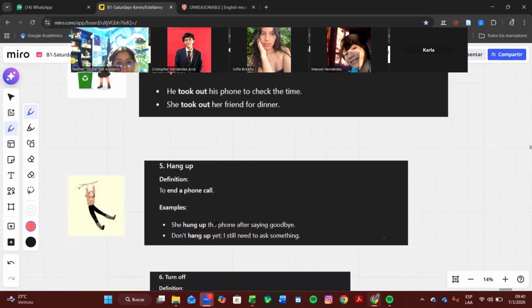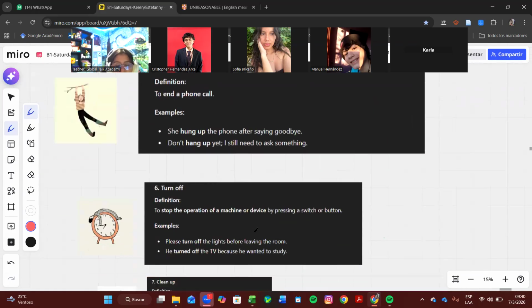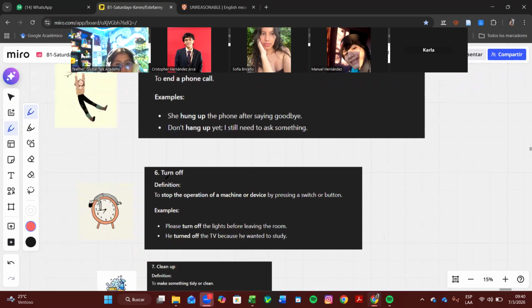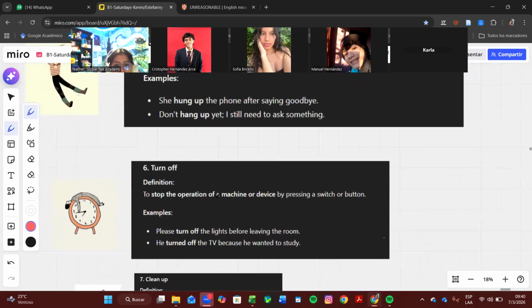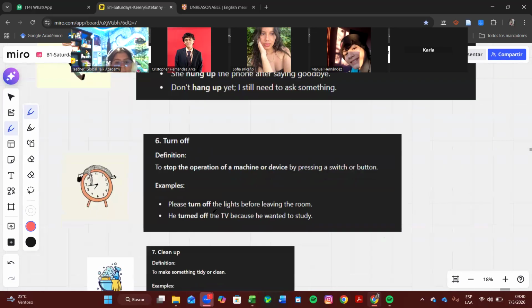Then we have hang up. It's to end a phone call, right? Hang up. So she hung up the phone after saying goodbye. It's like colgar, right? So it can also mean different things if you think about it. Then we have turn off, to stop the operation of a machine or device. So please turn off the lights. I can turn off my computer, the TV, the lights, and so on.